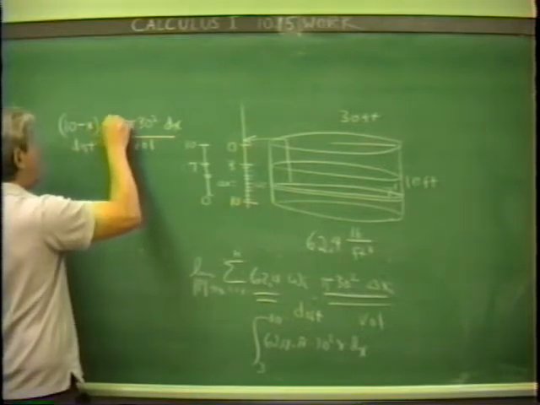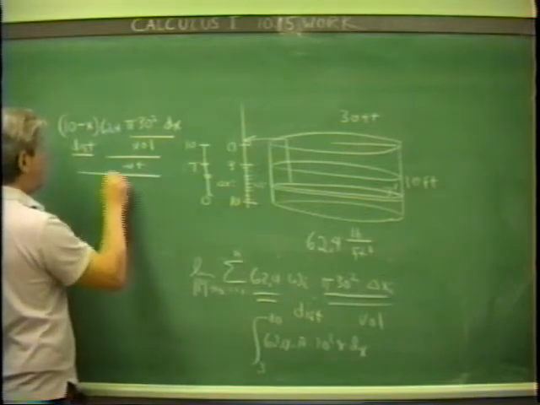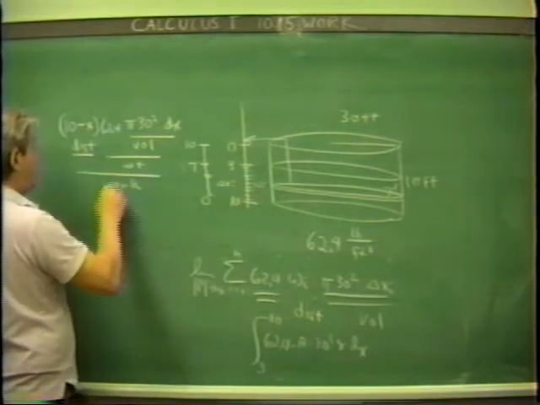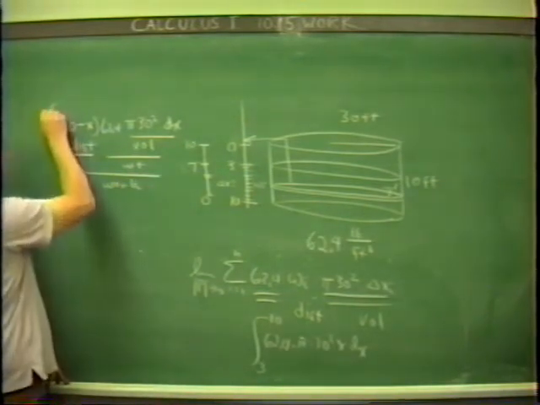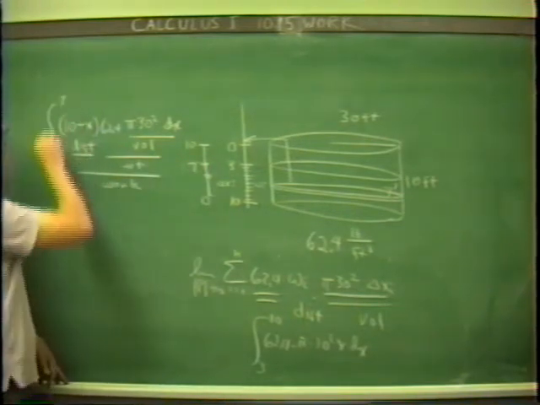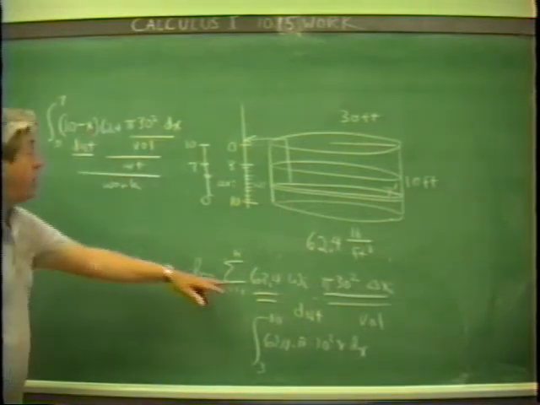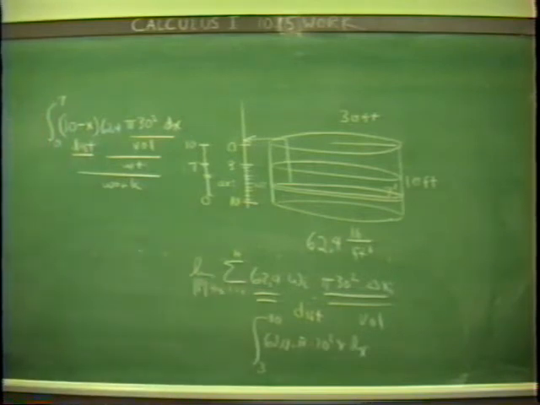It's pi times 30 squared delta x. So this is the volume. The density is 62.4, so this is the weight. The weight times the distance is the work involved. And we now want to integrate this with the partition now between 0 and 7, with respect to x.